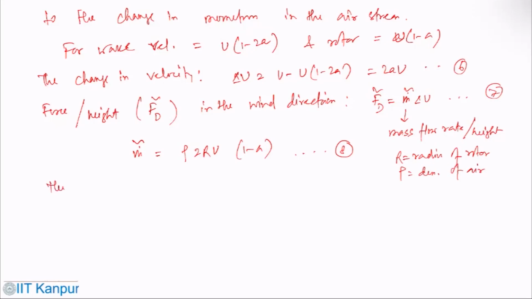Then the force is Fd equals 4 r rho a (1 minus a) U square.